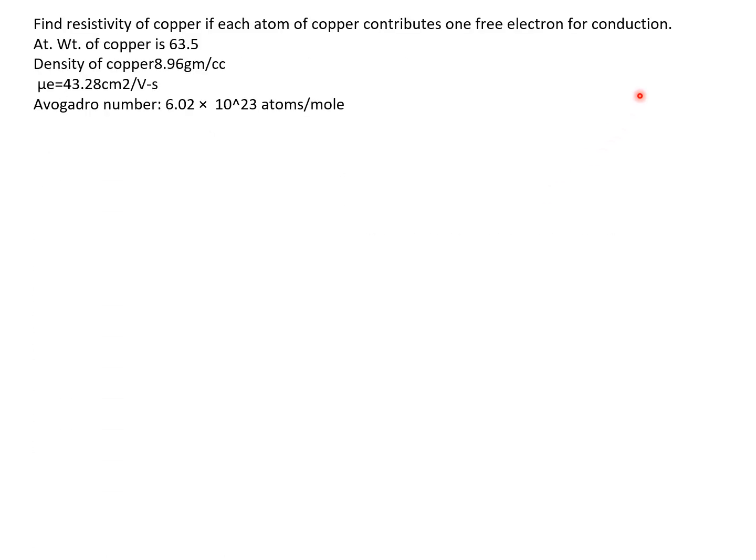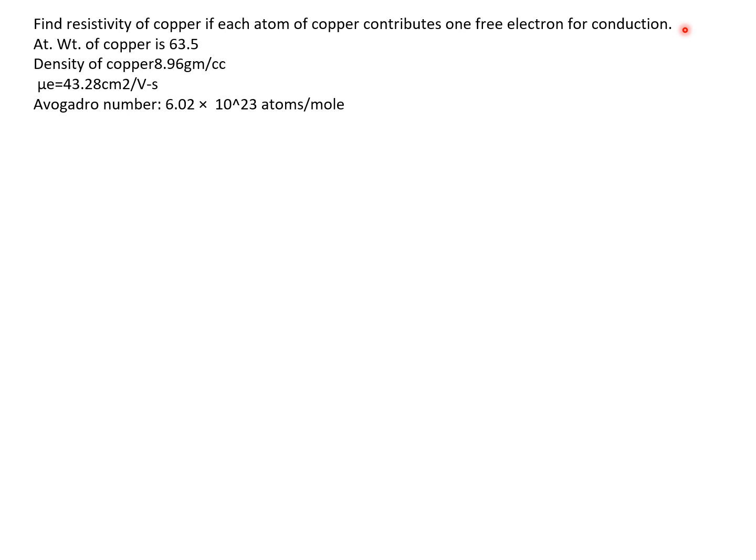Let us see the next numerical. Find the resistivity of copper if each atom of copper contributes one free electron for conduction. So what this first sentence gives us, it says that number of free electrons per unit volume is equal to number of copper atoms per unit volume, because each atom is contributing one free electron for conduction.